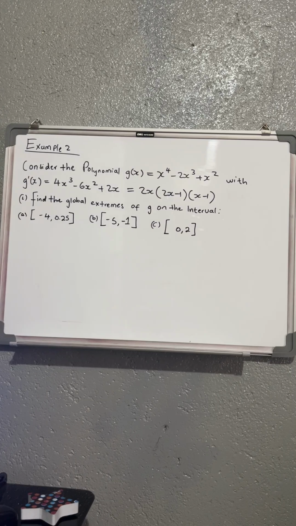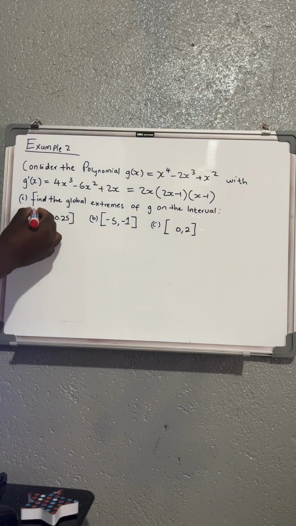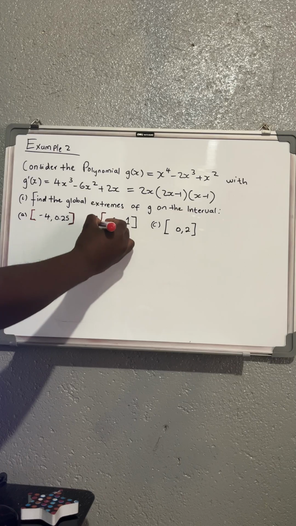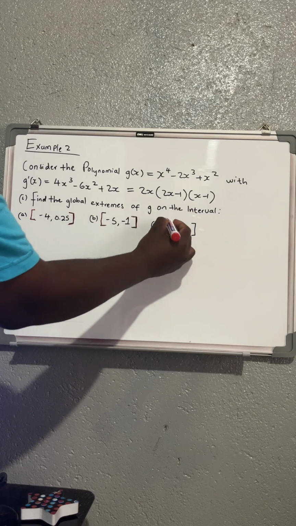In this video, we're going to be looking at local extremes, but in this question you are only given a range where you're supposed to work, meaning you cannot work outside any value that is given within these ranges.